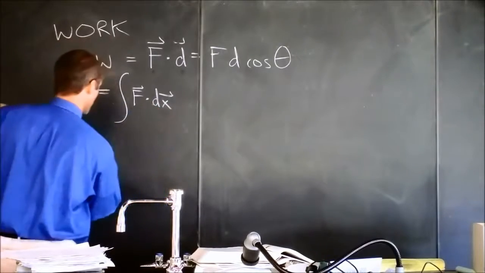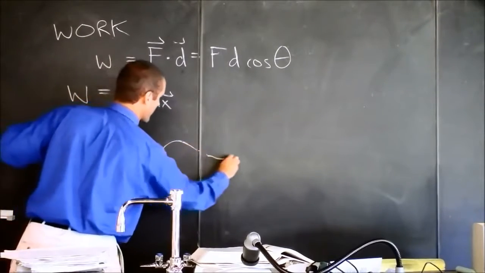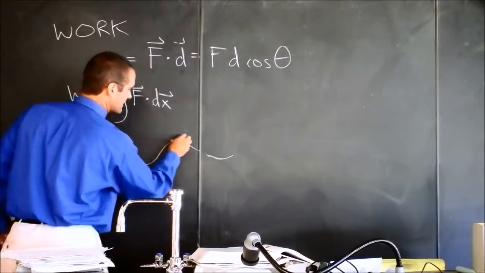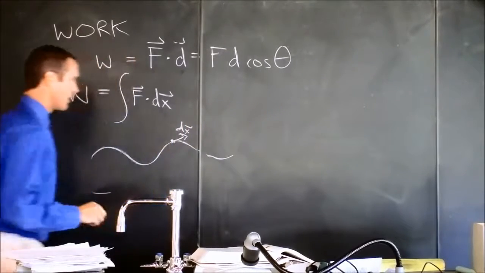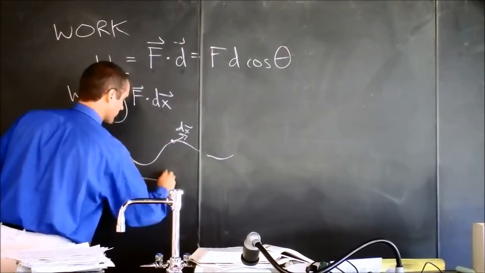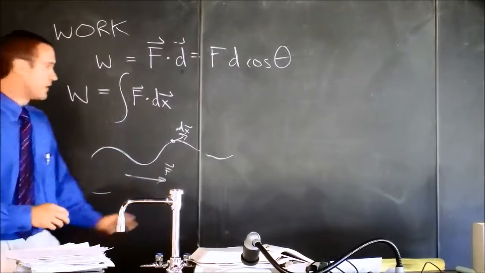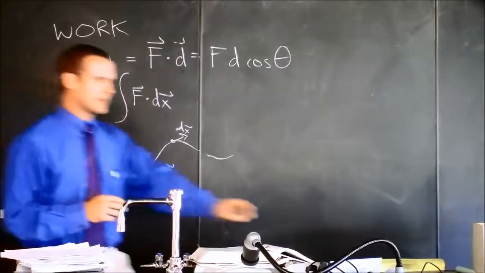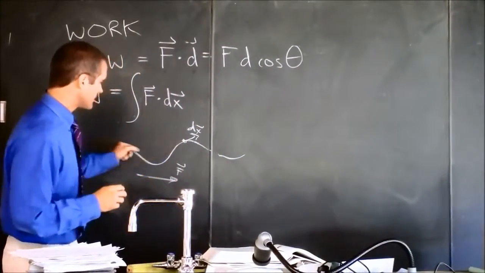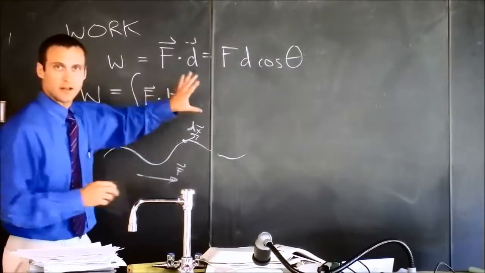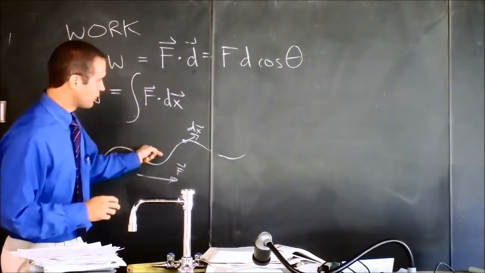So what we can do now is take some complicated path, and at every instant there's a dx. That's the way that path is going. And if the force is in some direction, it's like a Riemann sum. We can do every little bit along here and do the cosine for every single Riemann step.